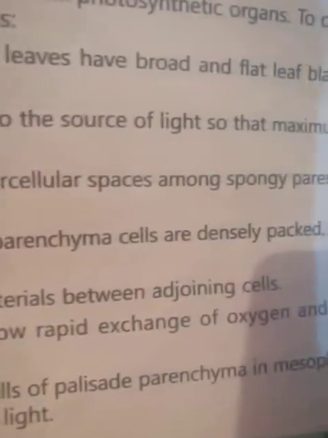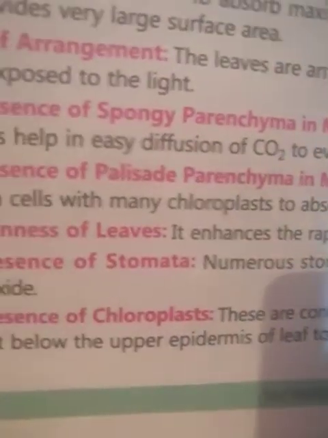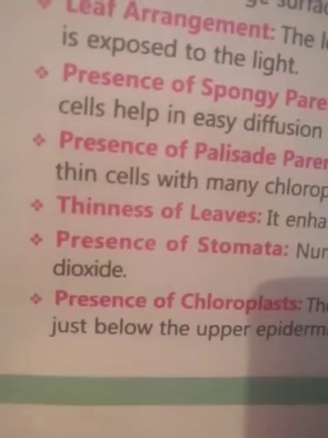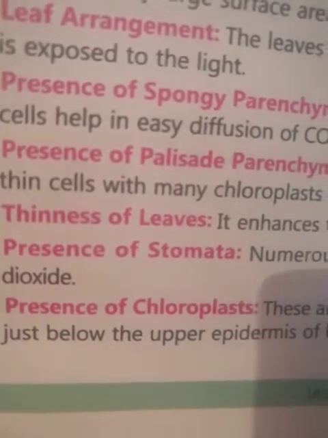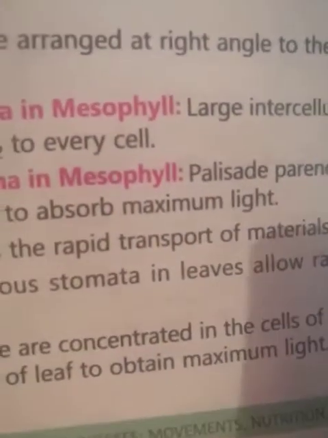Palisade parenchyma cells are densely packed, means there is no intercellular space in between them. Palisade parenchyma cells are densely packed, tall and thin cells with many chloroplasts to absorb maximum light.